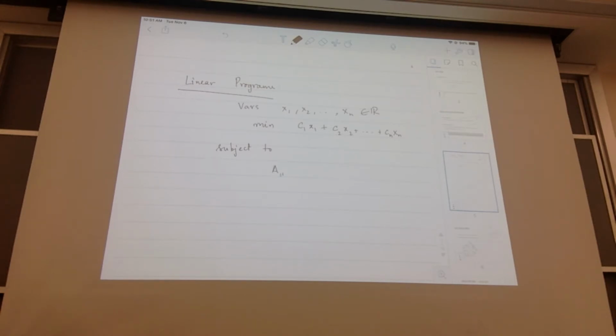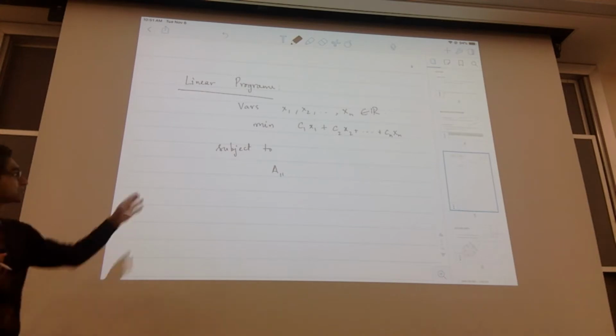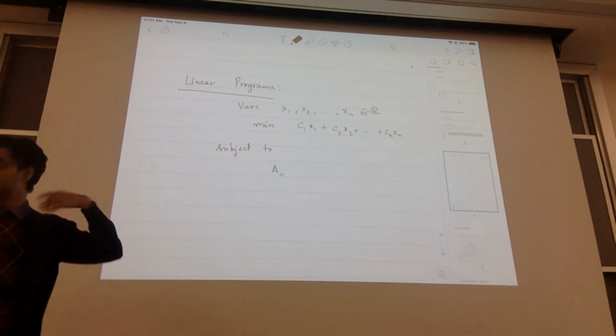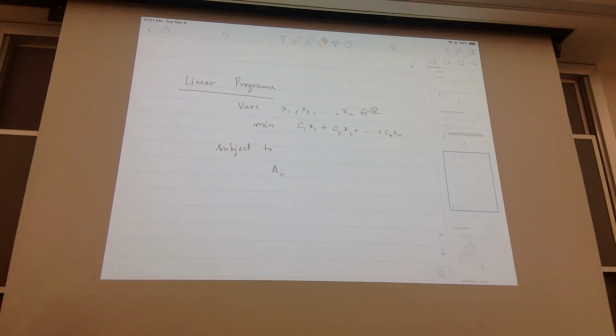Subject to a11 x1 plus a12 x2 plus up to a1n xn bigger than or equal to b1. I will use capital and small letters interchangeably, but for consistency I will use all small letters so that you don't get confused. If I ever use a capital letter by accident, it means the same as the small letter.